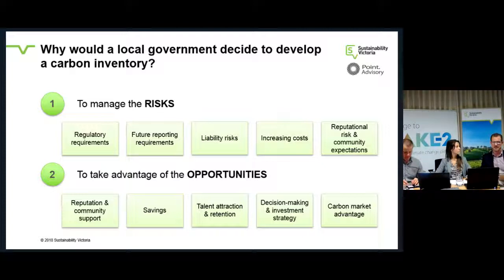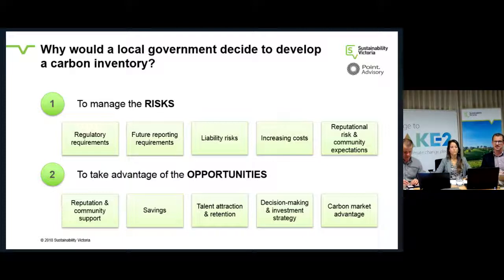It's a part of the Department of Treasury and Finance, and all government departments report their office-based greenhouse gas emissions to Treasury and Finance on an annual basis. Now, again, it's not beyond the realms of possibility to imagine that something similar may be imposed on local governments to have to report their emissions at some point.